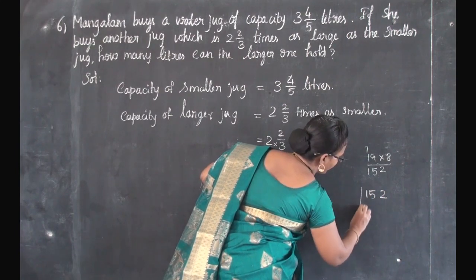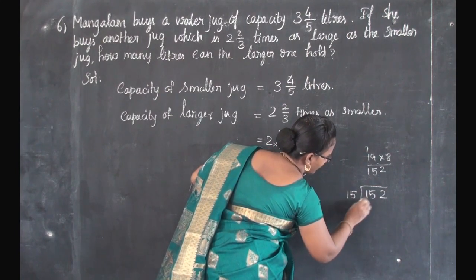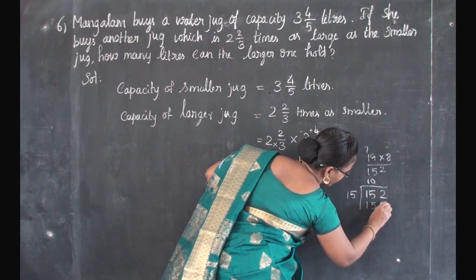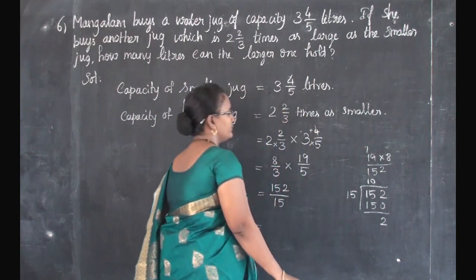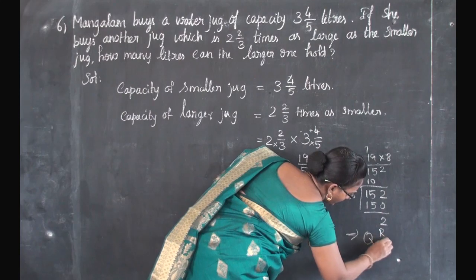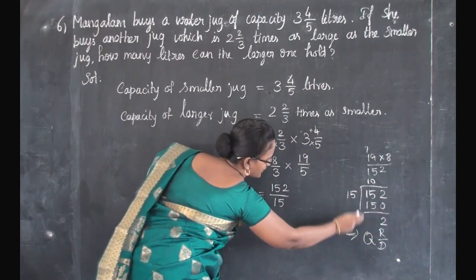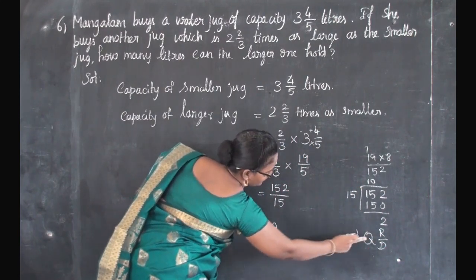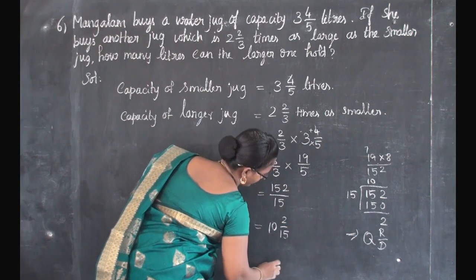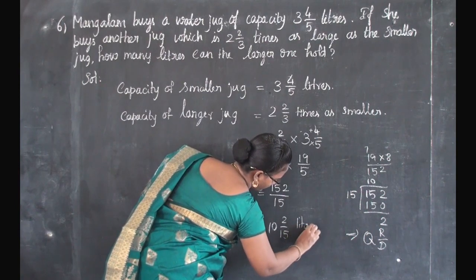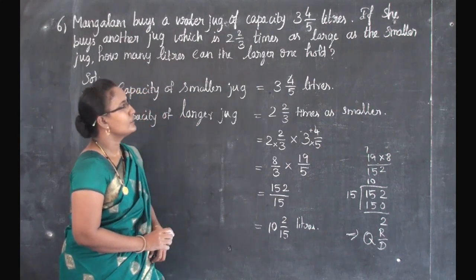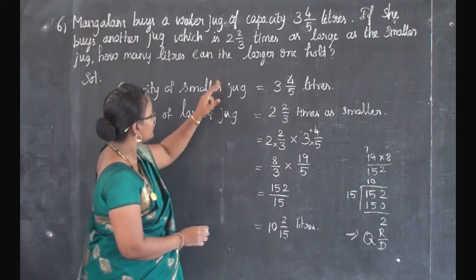So 152 divided by 15. 10 15s are 150. Balance 2. So what is the mixed fraction? Quotient remainder by divisor. What is the quotient here? 10. Remainder 2 and divisor 15. So 10 2 by 15 liters can hold the larger one.